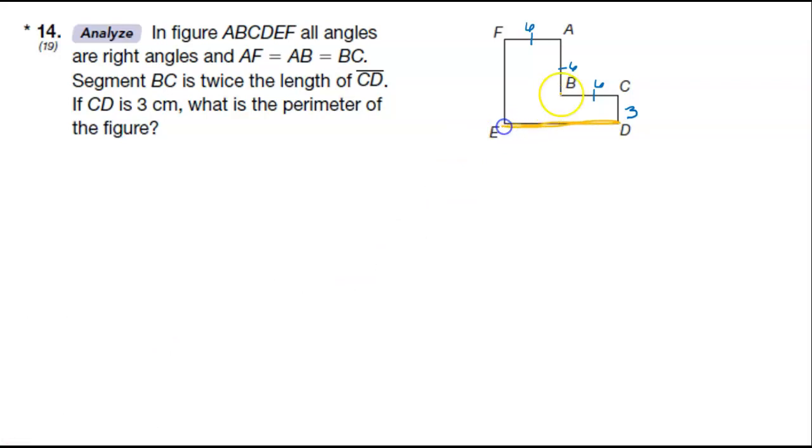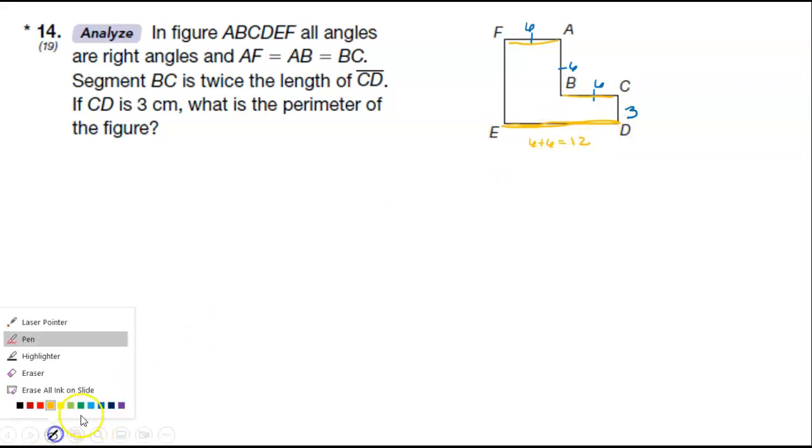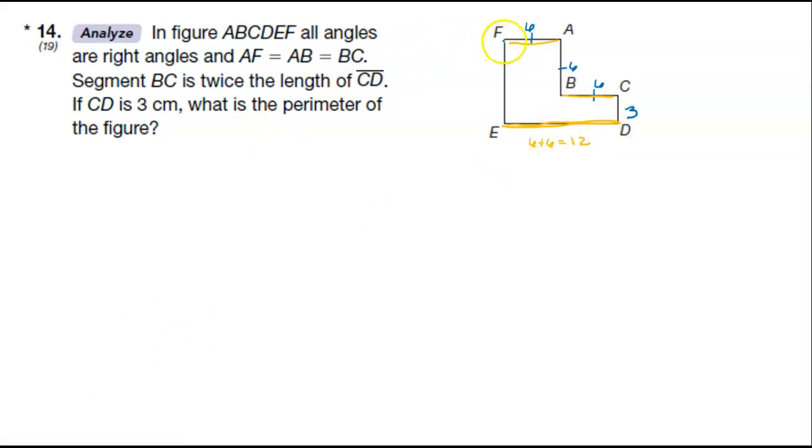So if I look at everything that is horizontal, this is horizontal, and this is horizontal. So I have 6 plus 6, which is 12 for this side. And then if I look at the vertical stuff, so this is, okay, yeah, Mrs. Ross can't draw. This is vertical, this is vertical, this is vertical. So we have 3 and 6. 6 plus 3 equals 9.